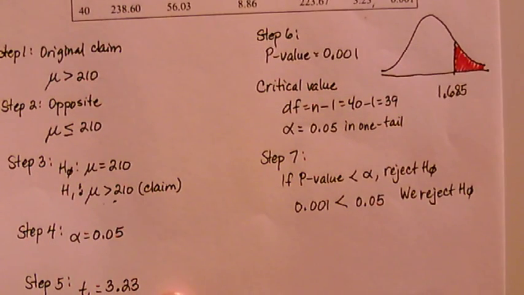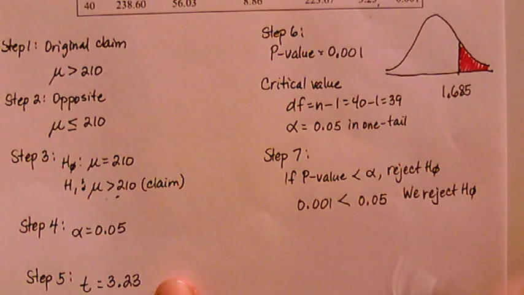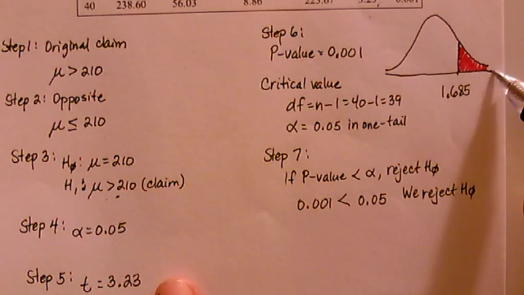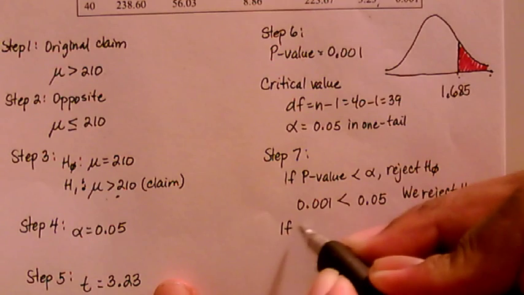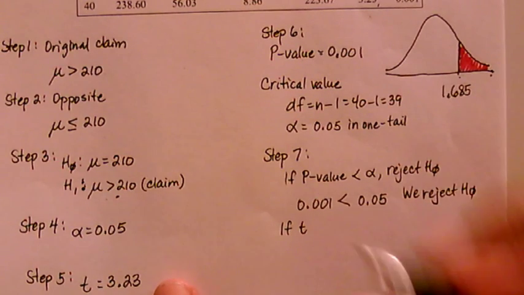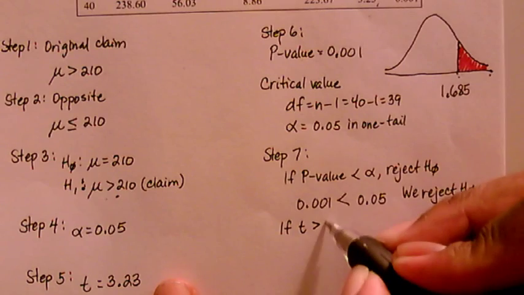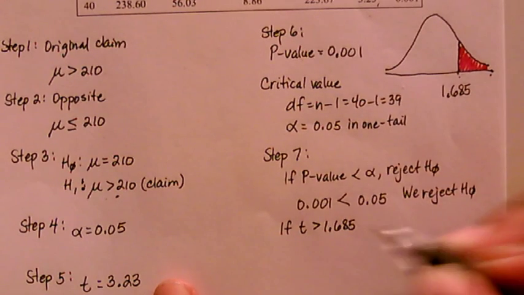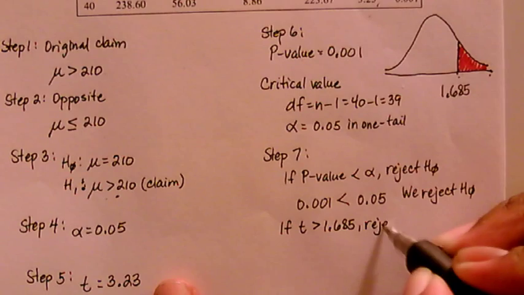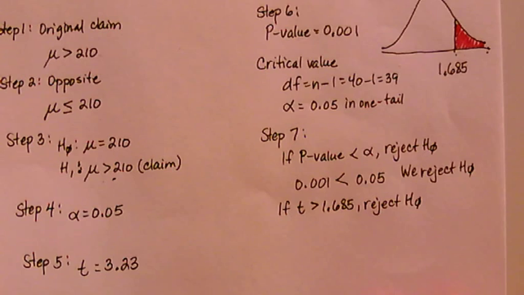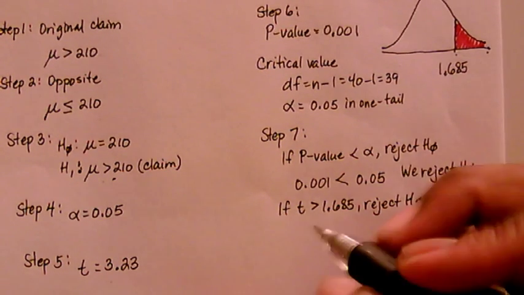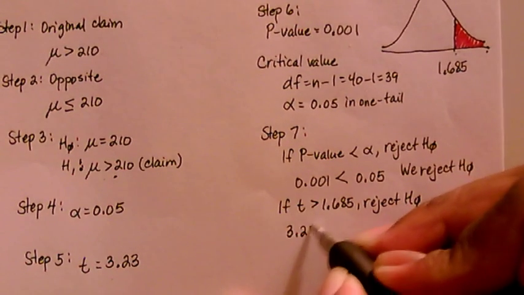Now, if you use the critical value approach, then notice that the shaded area is to the right of 1.685. That means it's got to be bigger than 1.685. So if our test statistic, which is your t, is greater than 1.685, you reject the null. And in this case, our test statistic, which is t, back in step number 5, is 3.23.